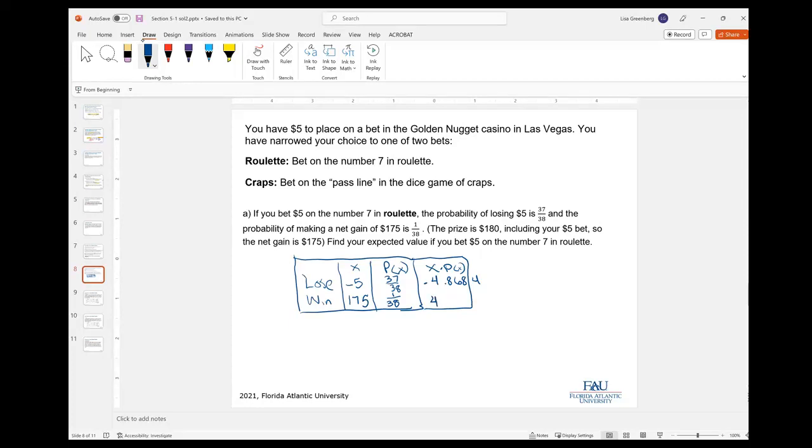And that's 4.6052. Okay. And so let's add those up, because remember, it's the sum of that. So I have that minus that, 684.